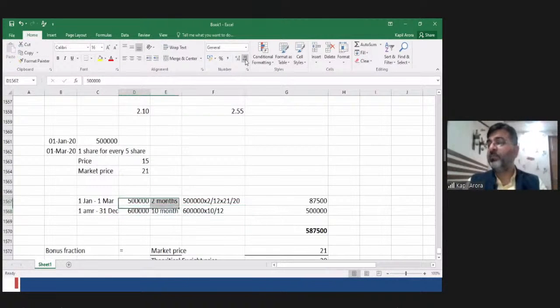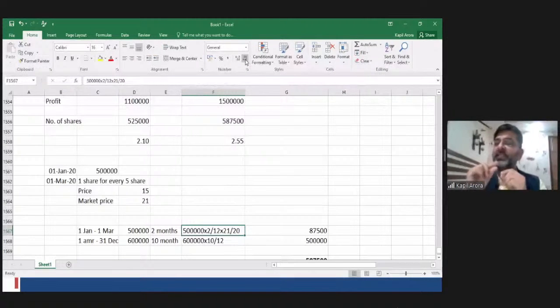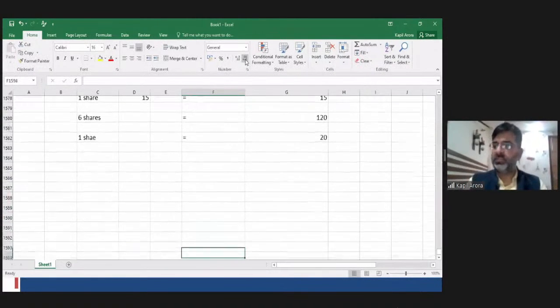Because we are giving bonus. If you remove this and I say 5 lakh was the number, then you get the same impact everywhere, because here the bonus is in the price, not in the number of shares. That is why.